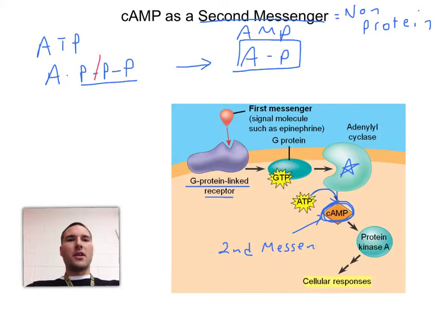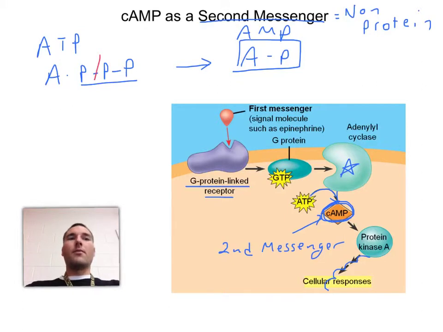So this is just adding a step to what we did on the previous slide, where we can make this cyclic AMP. It's not a protein, so we call it a second messenger, and it is the thing that activates our transduction pathway, so we can go down through this process of phosphorylating and dephosphorylating our protein kinases. So where are we at here?